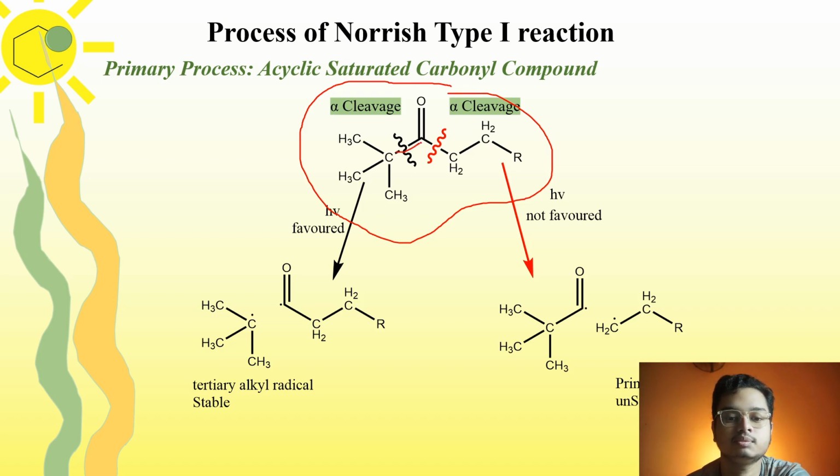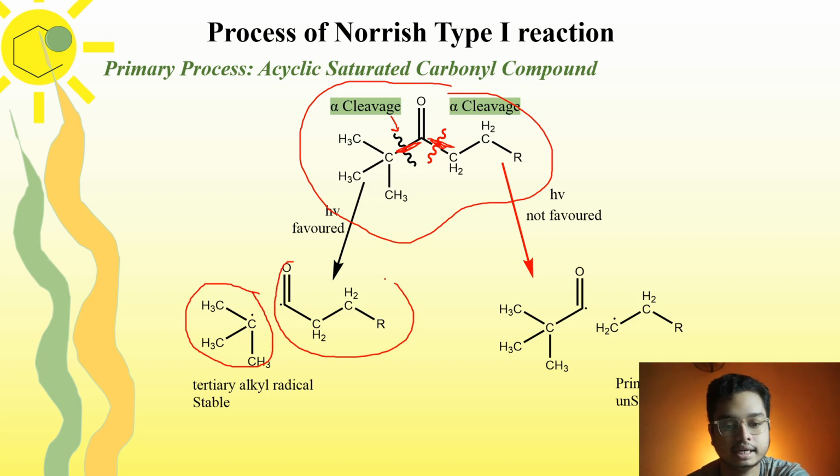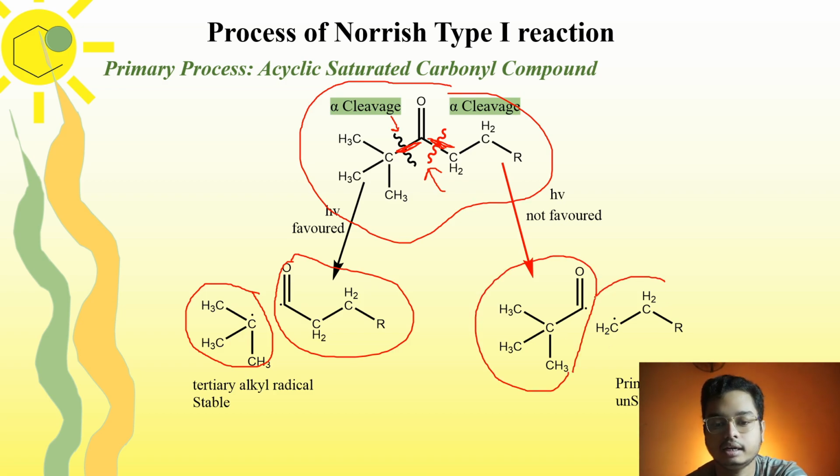Here this bond is an alpha bond and this bond is also an alpha bond. If the black cleavage takes place, you will get a tertiary alkyl radical and a corresponding acyl radical. If the red line alpha cleavage takes place, you will get an acyl radical and a primary alkyl radical.